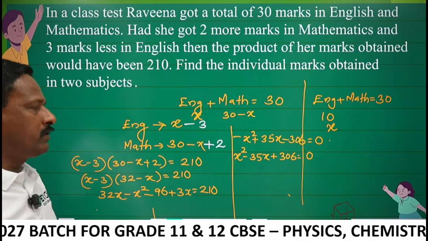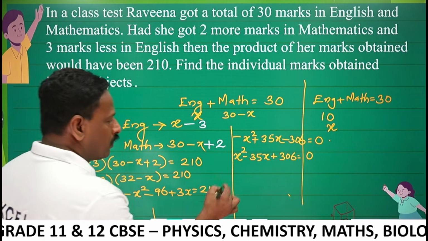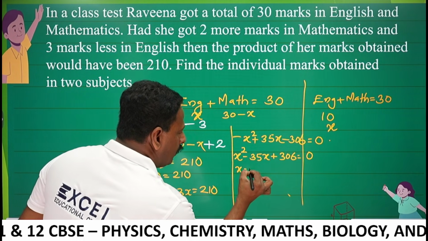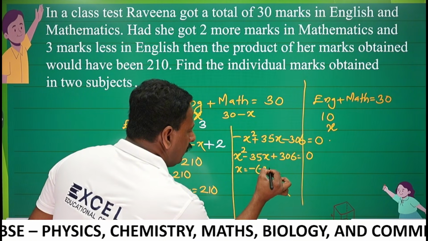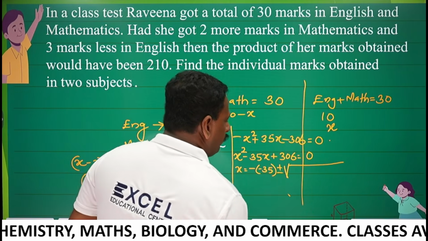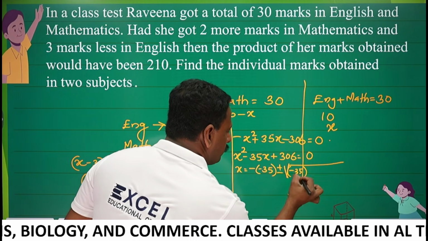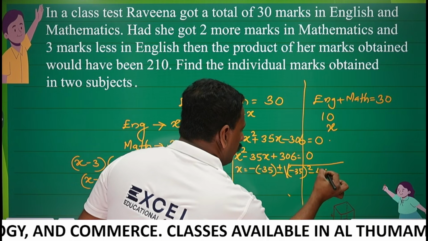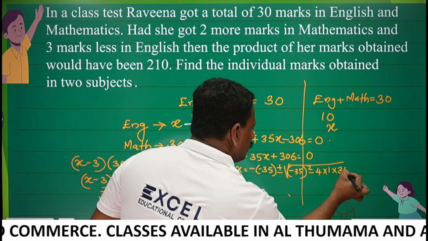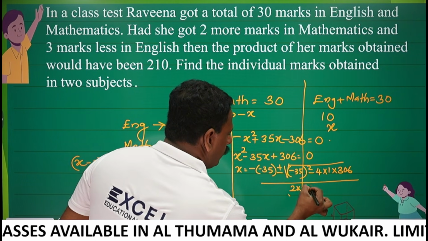Now this becomes a quadratic equation in standard form. So let us solve it. So x is equal to minus b plus or minus root of b square minus 4 into a into c, whole divided by 2a.